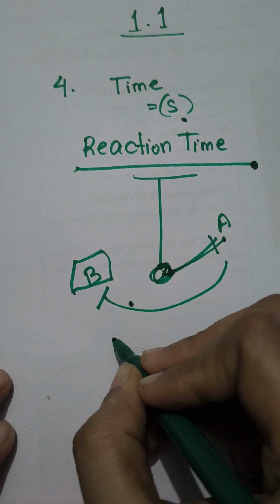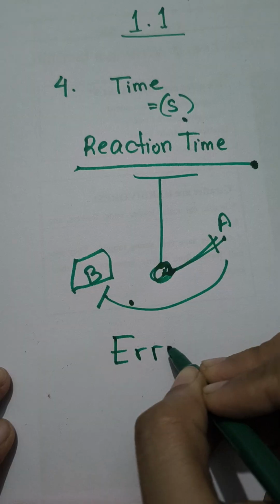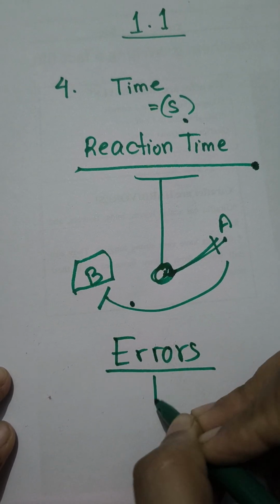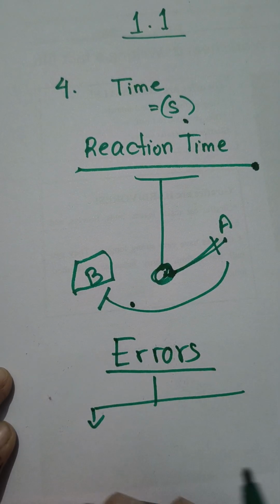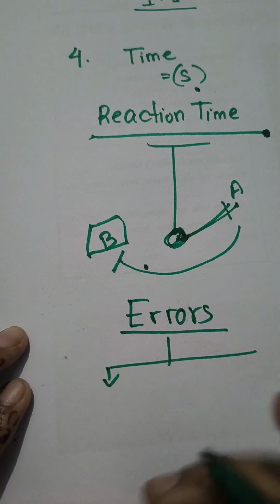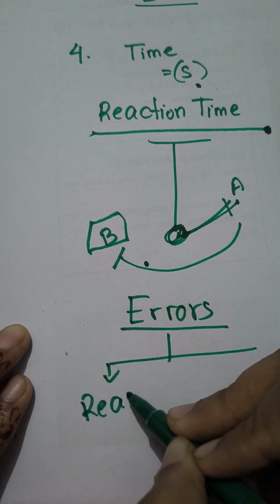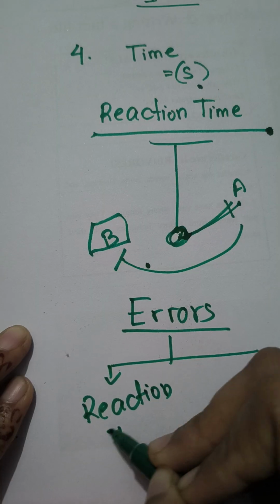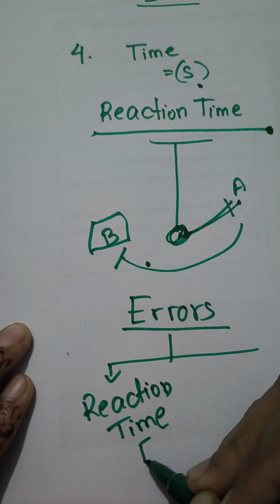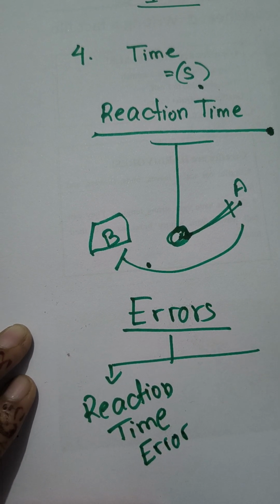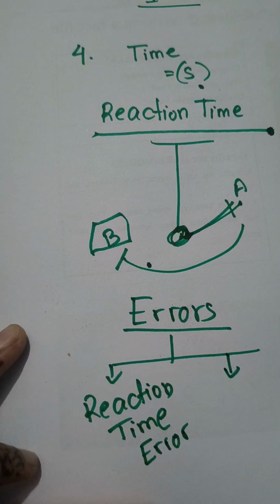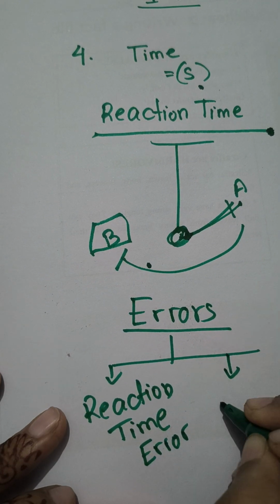Since we are talking about errors, let me tell you all the errors we can have in our physics. The first one I just told you, the reaction time error. What about the next one? We will have something called the parallax error.